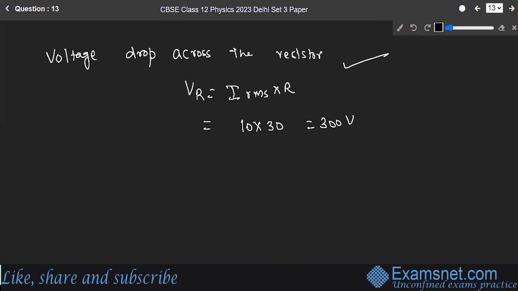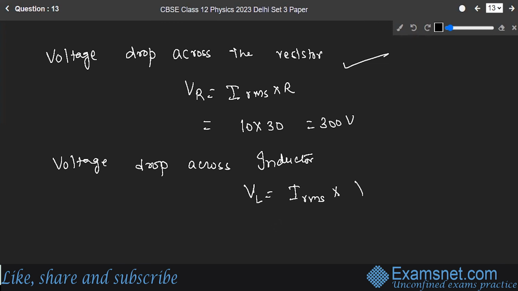Right, and the voltage drop across the inductor is VL is equal to IRMS into XL.